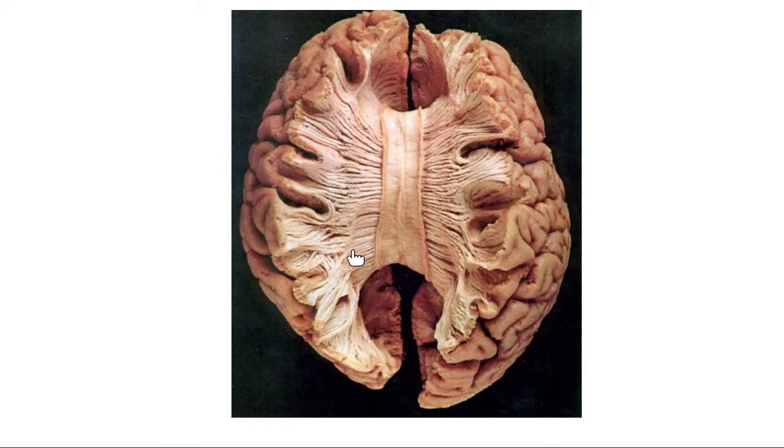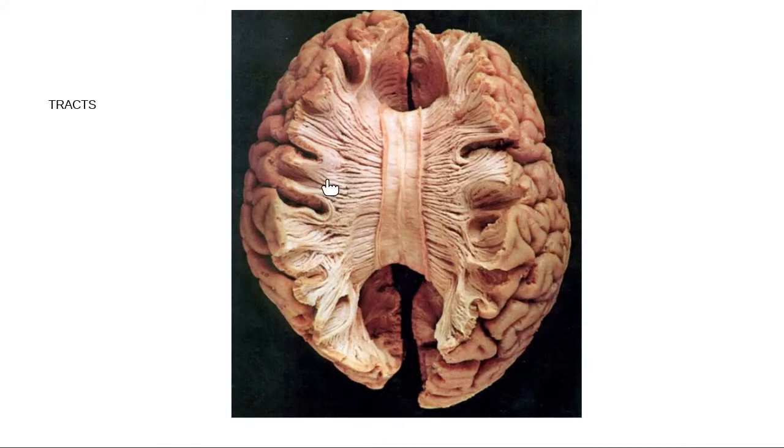So if you remember from lab, when we were talking about the white matter of the spinal cord, we said that the fancy word for it is funiculi. But in our class, we're calling the white matter tracts. So this word tracts means that it's groups of myelinated axons that all travel together.